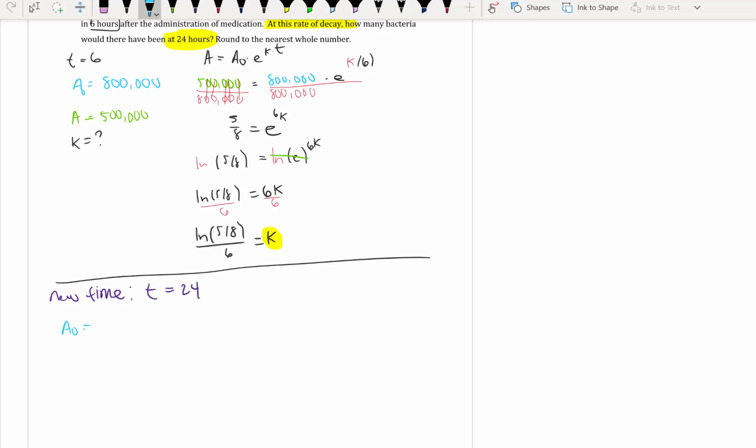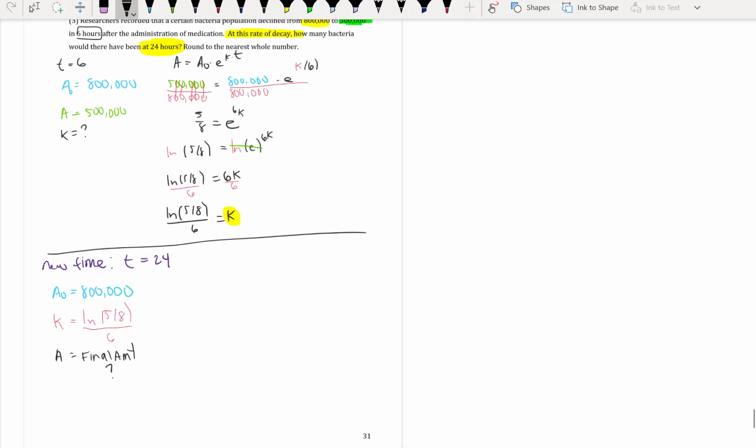And like I said before, the initial amount of 800,000 doesn't go anywhere. And we have our k value as ln of 5 divided by 8 all over 6. So we want to know what is going to be your final amount. I don't know. That's what we're trying to figure out. So we have that A is equal to your initial amount. That's the 800,000.